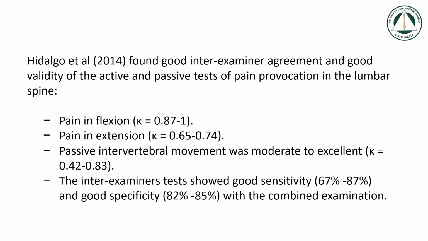Pain in extension, kappa equals 0.65 to 0.74. Passive intervertebral movement was moderate to excellent, kappa equals 0.42 to 0.83. The inter-examiner test showed good sensitivity, 0.67 to 0.87, and good specificity, 0.82 to 0.85, with the combined examination.